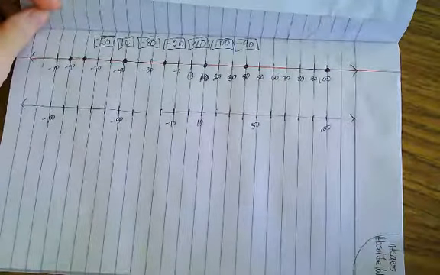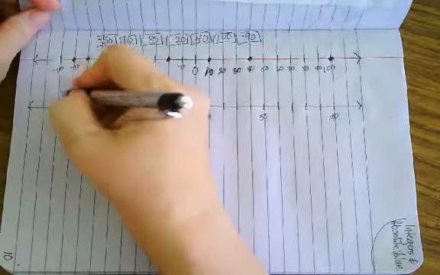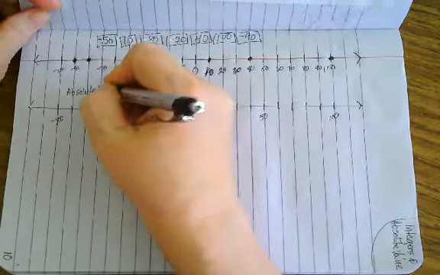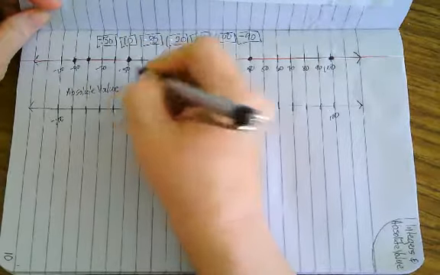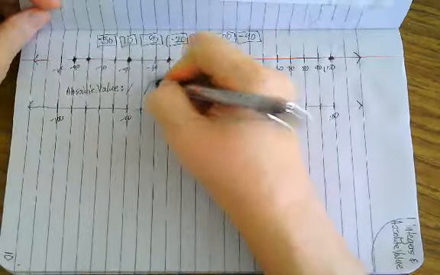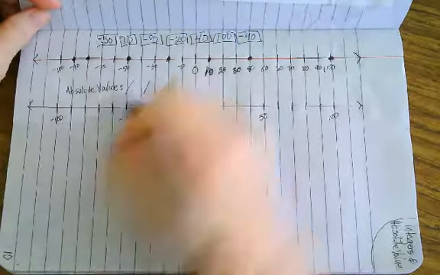We're going to do absolute value. Okay? So absolute value. The sign for absolute value is this. And there's a number in there.